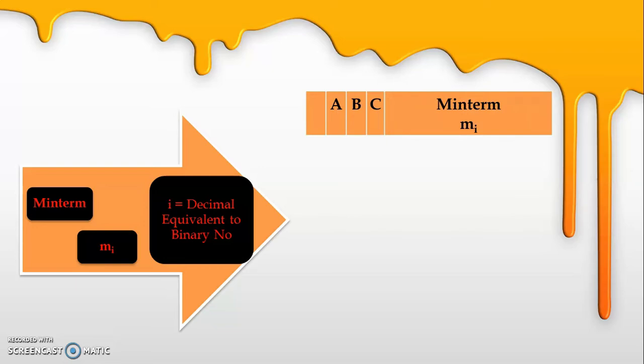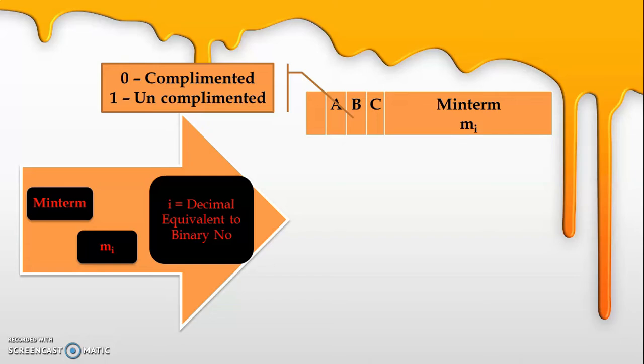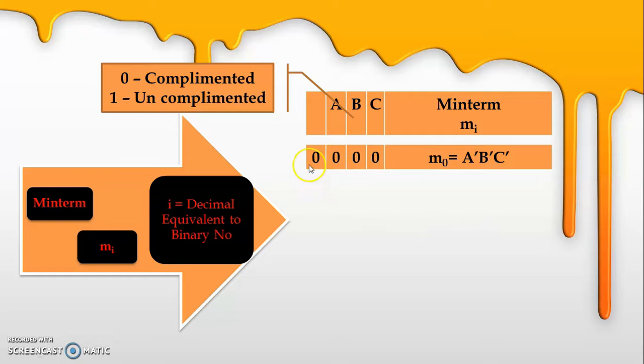We have 3 variables a, b and c. Based on the value of variable a, b, c, whether it is 0 or 1, if 0, literal will be complemented. If variable is 1, literal will be uncomplemented. And we have the decimal equivalent number.